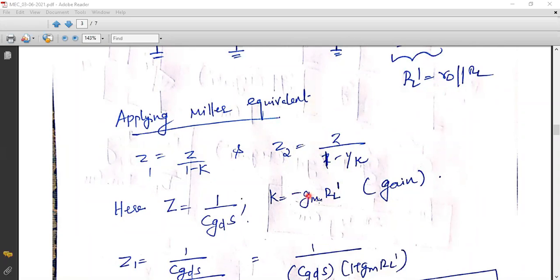Accordingly, our gain will be minus gm into RL dash, where the negative sign indicates that CS is an inverting amplifier. So this is the impedance of the bridging capacitance, and this is the gain of the amplifier. Now substitute these two parameters in this equation for Z1. We'll take Z2 later. First, you analyze only Z1, simplify it and find its value.